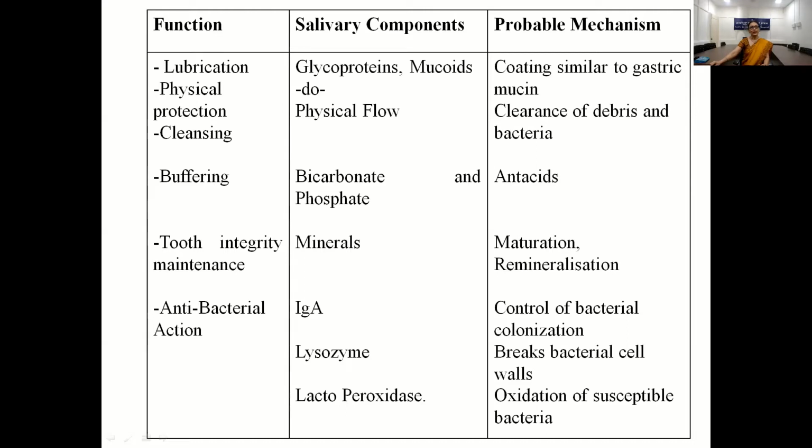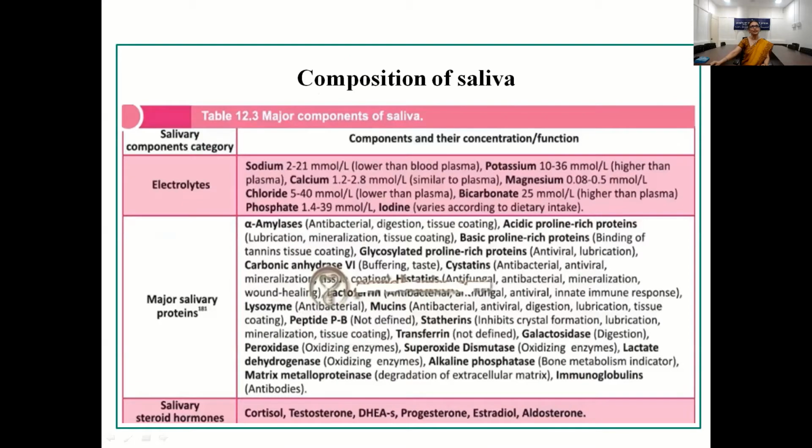Immunoglobulin present in saliva, that is IgA, lysozyme, lactoperoxidase, gives the antibacterial action to saliva. Thereby, there is a control of bacterial colonization. It breaks the bacterial cell wall and there is an oxidation of susceptible bacteria. Saliva contains electrolytes, that is sodium, potassium, calcium, magnesium, chloride, bicarbonate and phosphate.